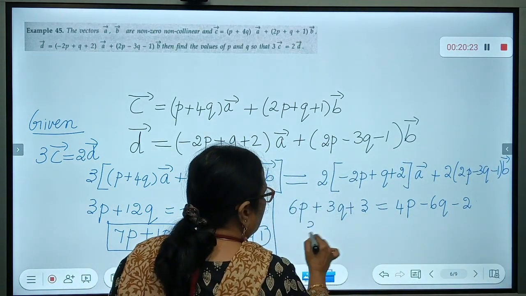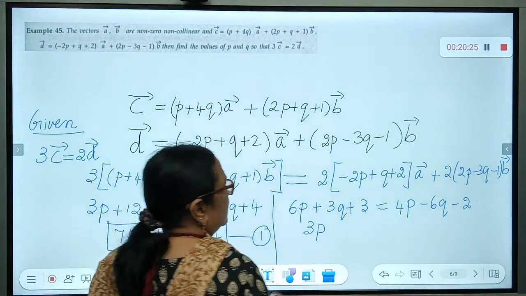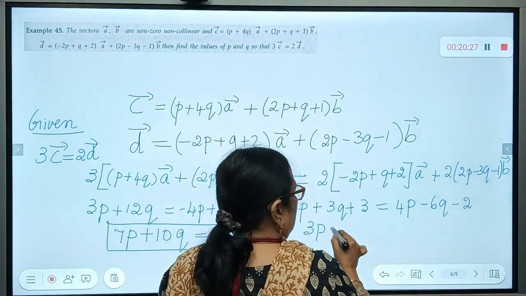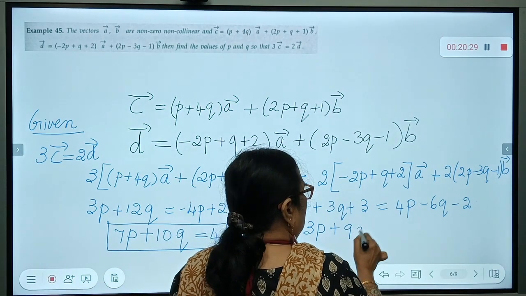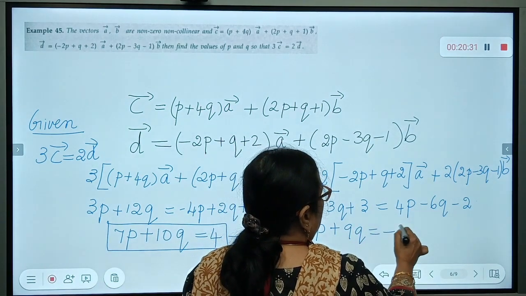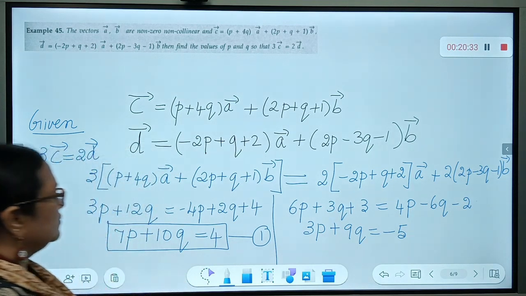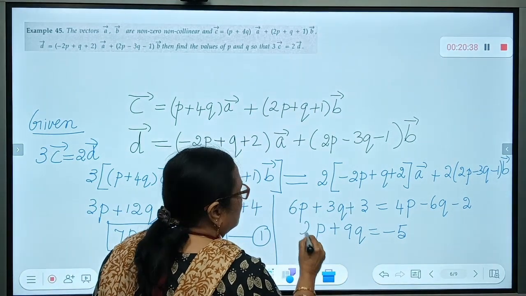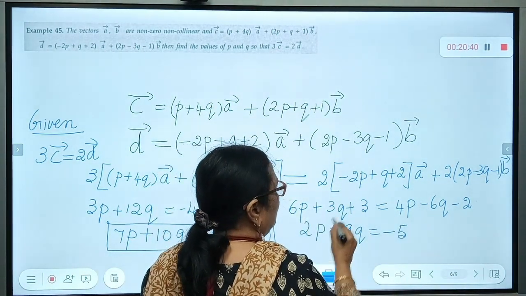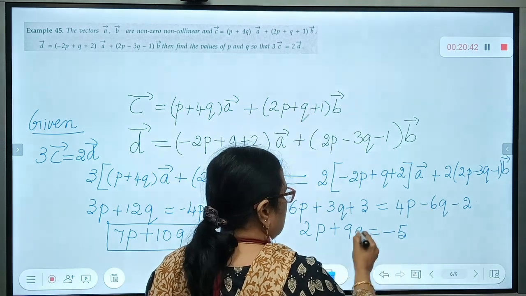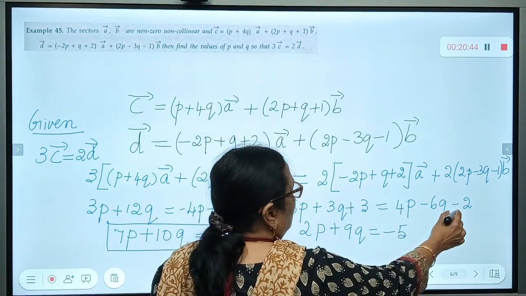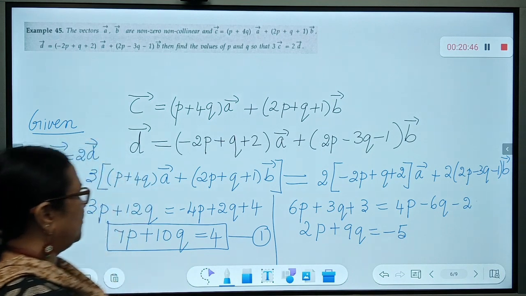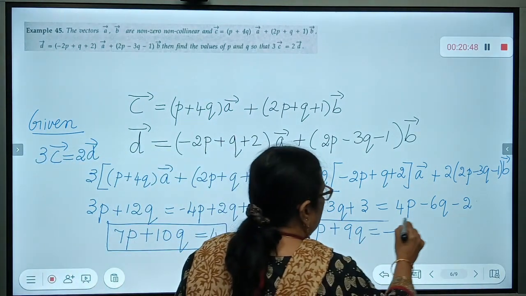So you will get 3p plus 9q equal to minus 5. Sorry, 2p. 6p minus 4p is 2p. 3q plus 6q is 9q equal to minus 2 minus 3, which is minus 5. So this is your equation 2.